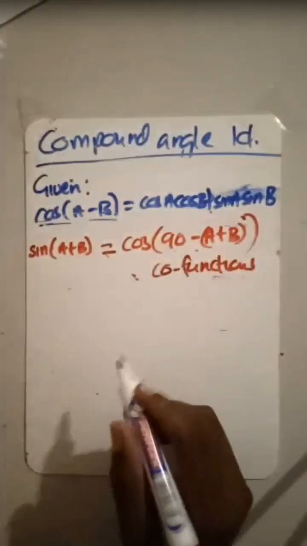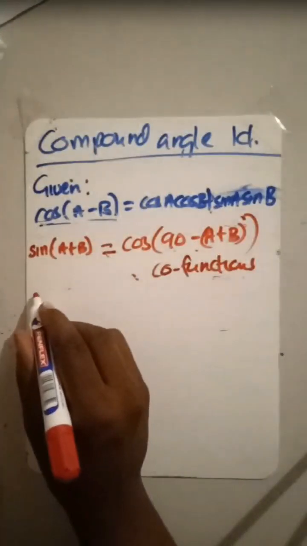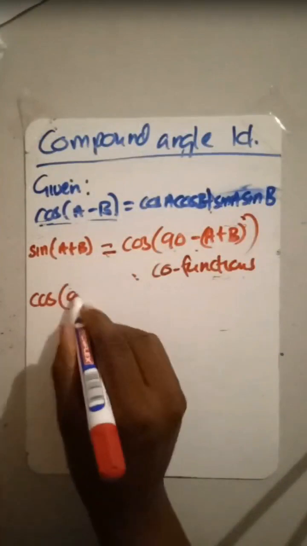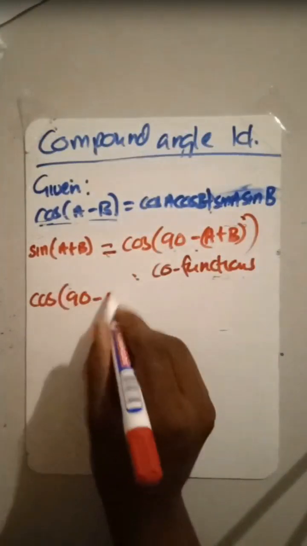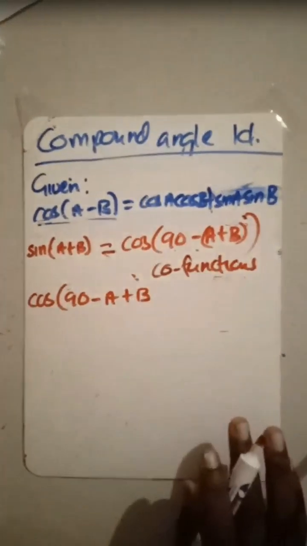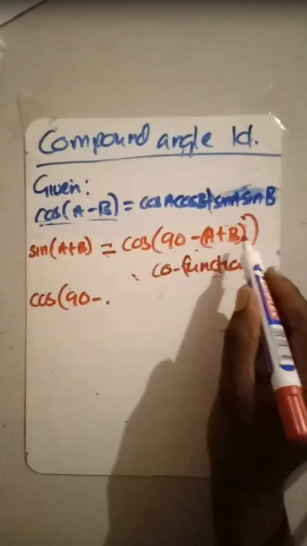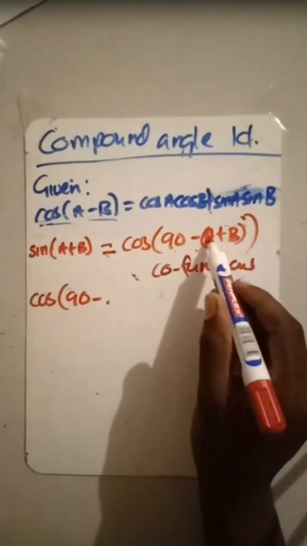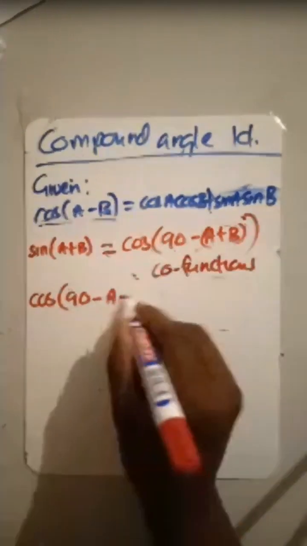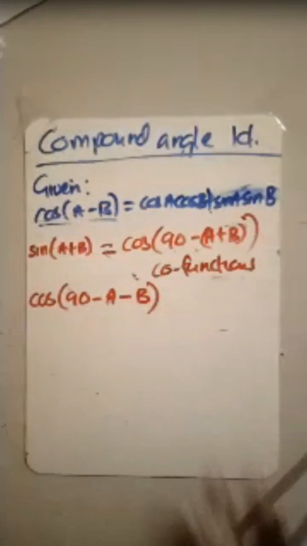So we got that. Now, what do we have? Just remember to change: cos 90 minus A plus B. Don't forget that in the bracket there is going to be minus A. Then negative times B is also going to be minus B. Then you close the bracket.